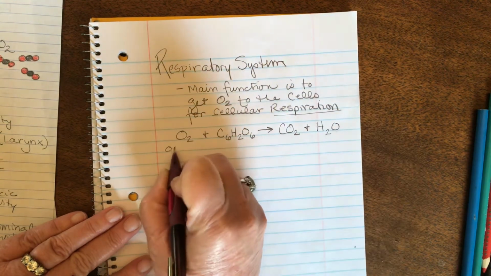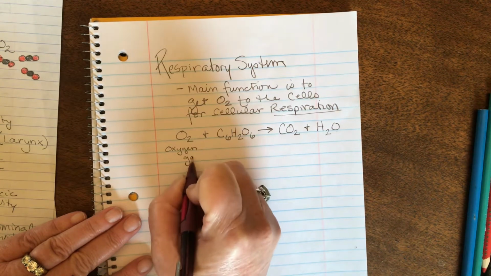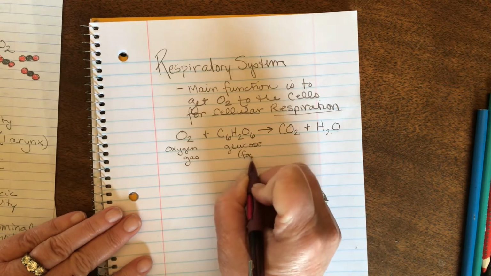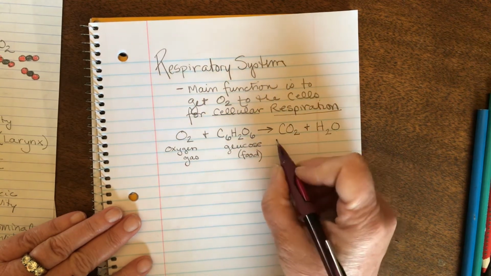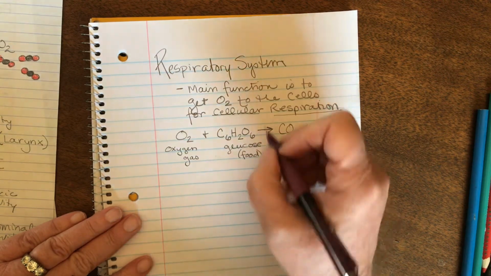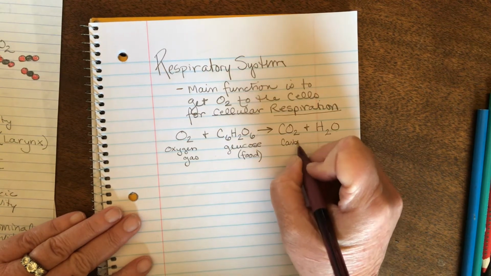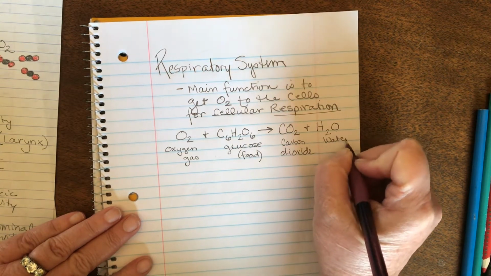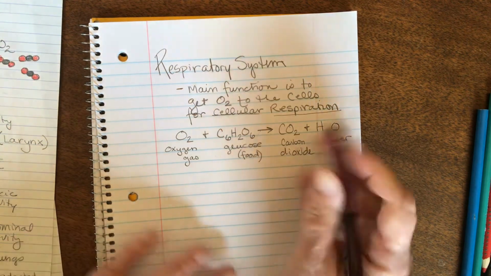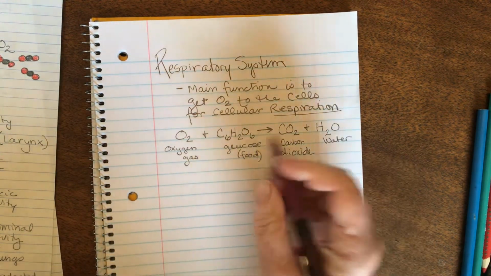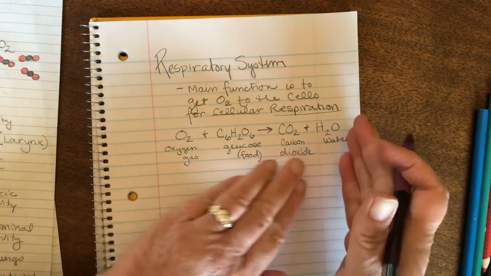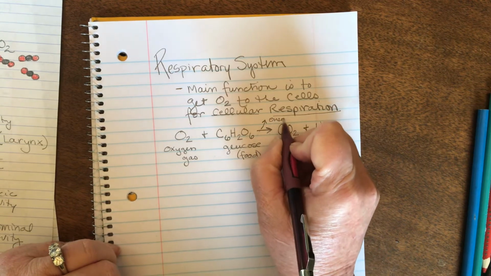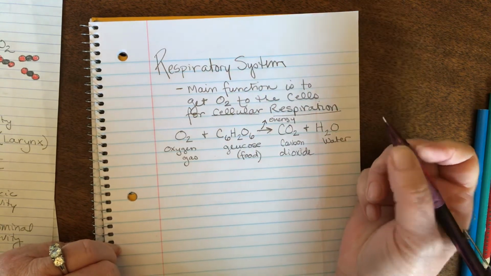So we could say that's oxygen gas and glucose or food, and it's going to have an end product of carbon dioxide and water. But right here where we see the arrow, that's going to show us that something else is happening. We're converting this to that, and what we'll get out of it is the energy that we need to survive.